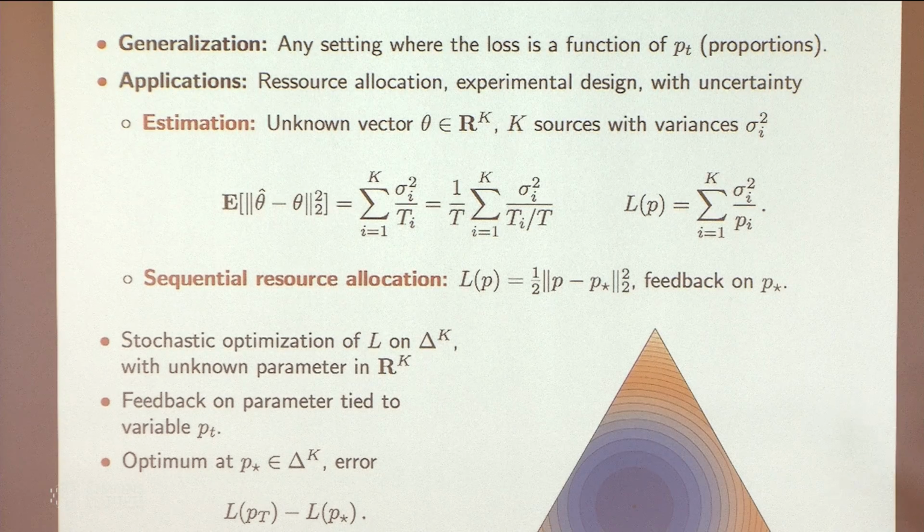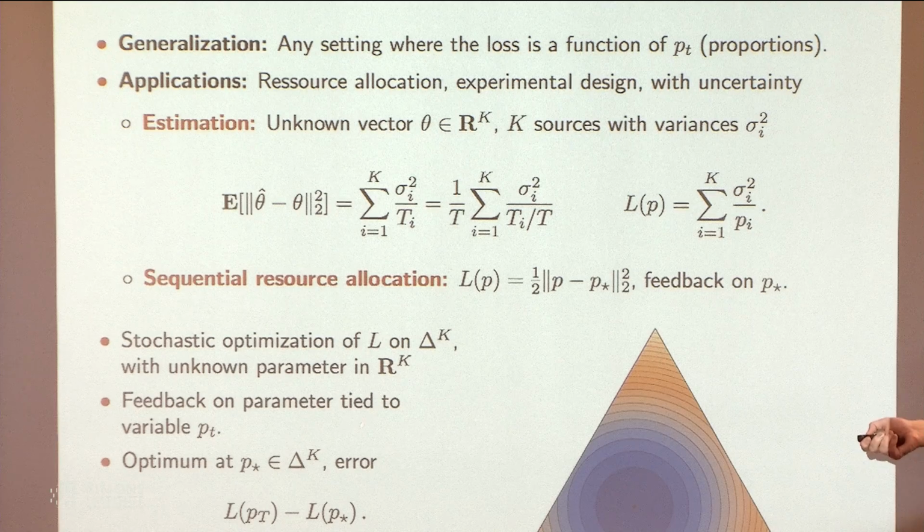There are other problems, like sequential resource allocation: your government is sending teachers to a region, and you get noisy feedback on whether you should send more or fewer teachers there. So you can phrase a lot of optimization problems like this, where you have an unknown function L on the simplex, unknown because it has some unknown vector parameter with one coefficient associated to each action.